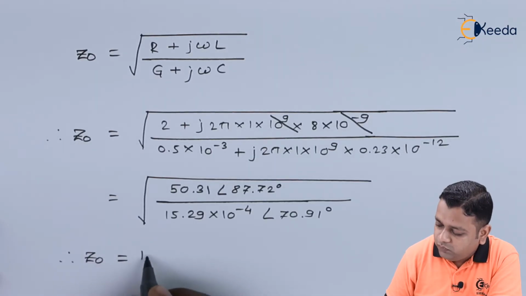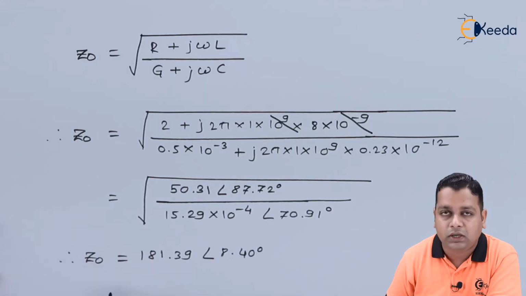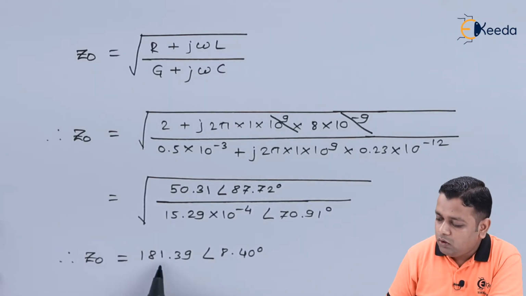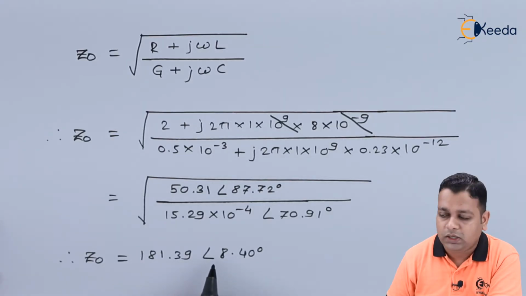This value is 181.39, and the angle is 8.40 degrees. So this is the value of characteristic impedance represented in polar form, which can also be expressed in the complex domain.